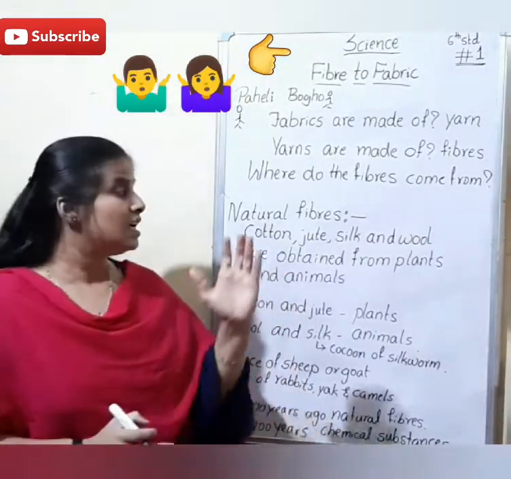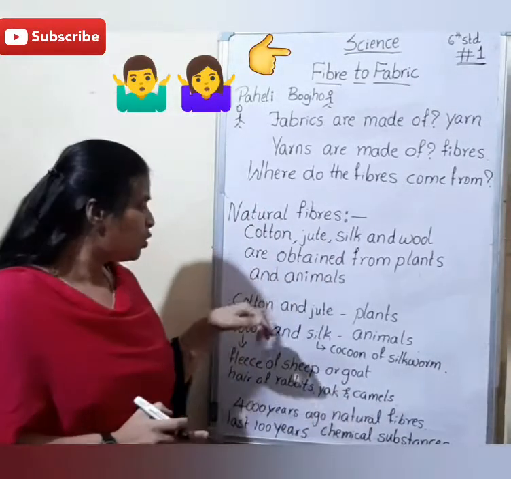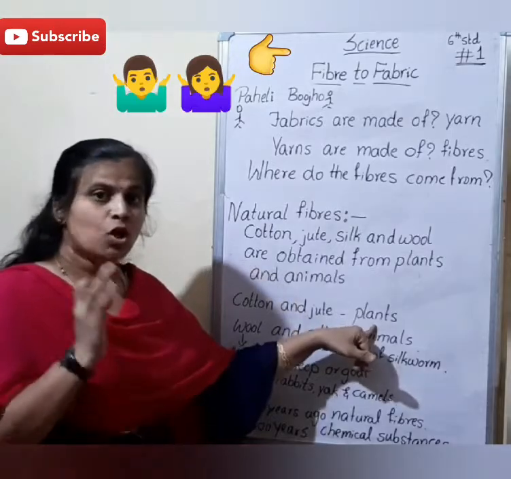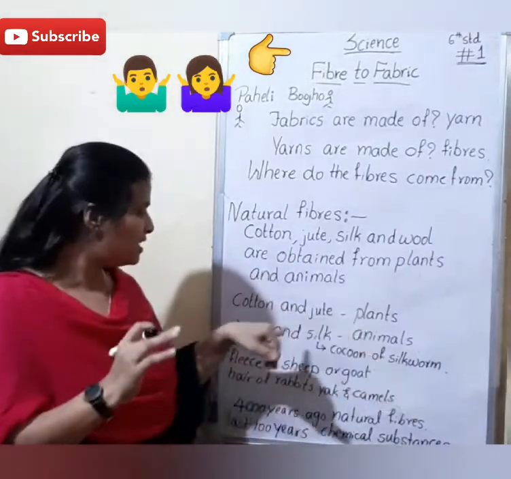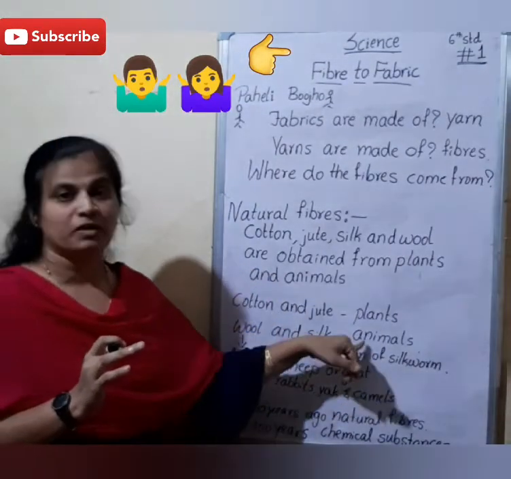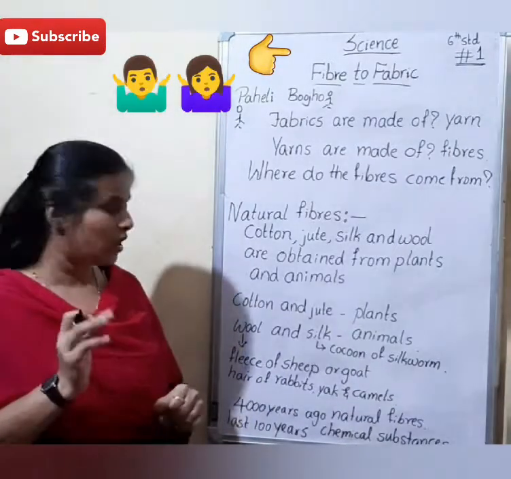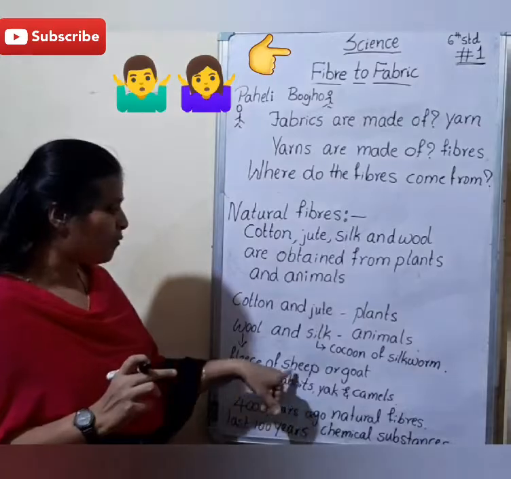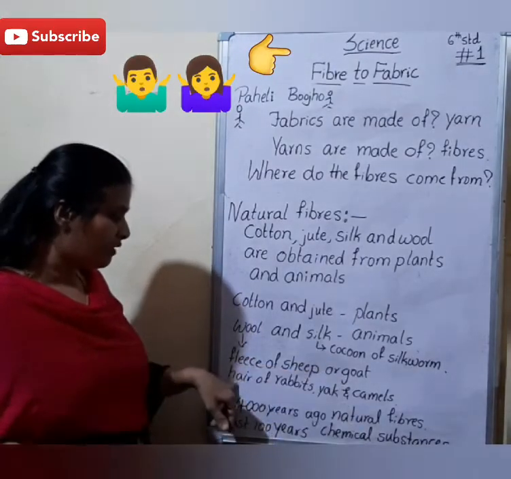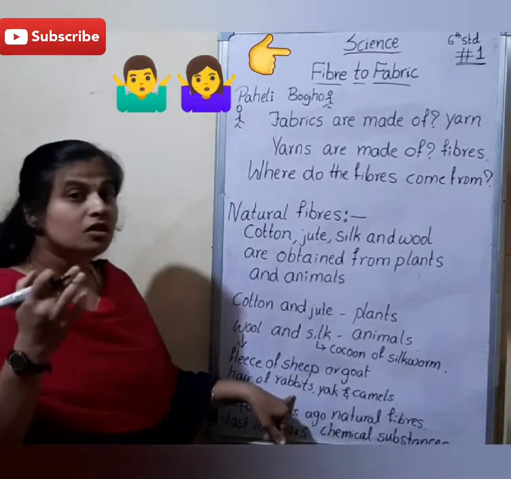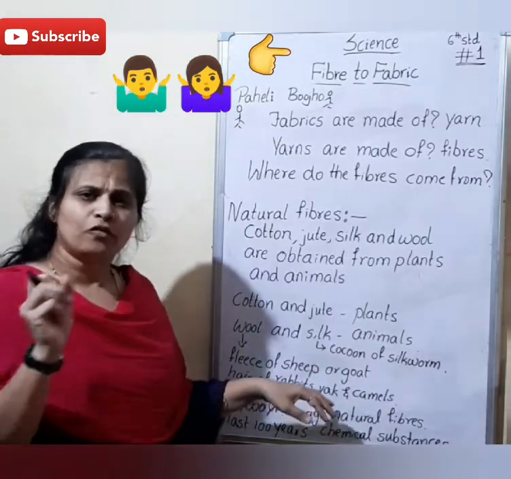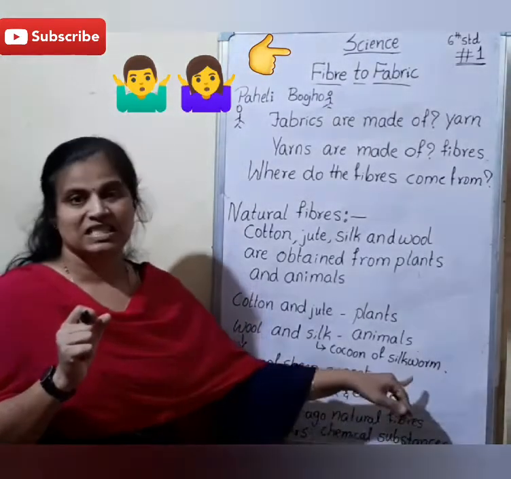Cotton and jute are obtained from plants, whereas wool and silk are obtained from animals. Wool we usually obtain from the fleece of sheep or goat, or even from the hair of rabbits, yak and camels. Whereas silk is drawn from the cocoon of the silkworm.